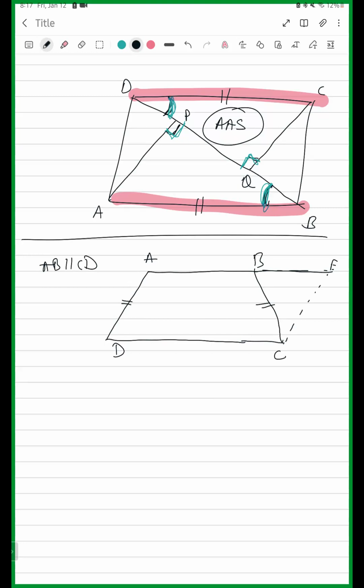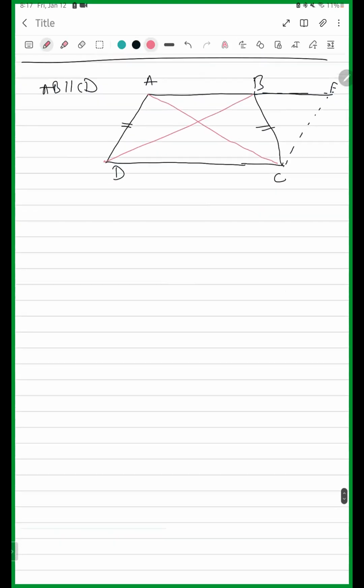So here what we need to do is draw a construction. Here join AC and also join BD. Fine.